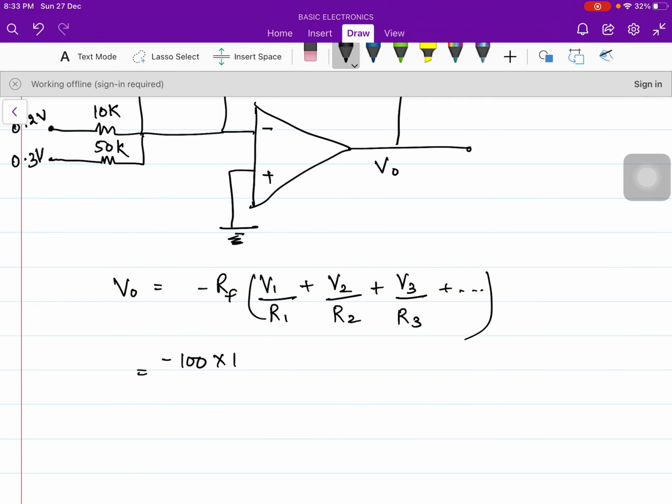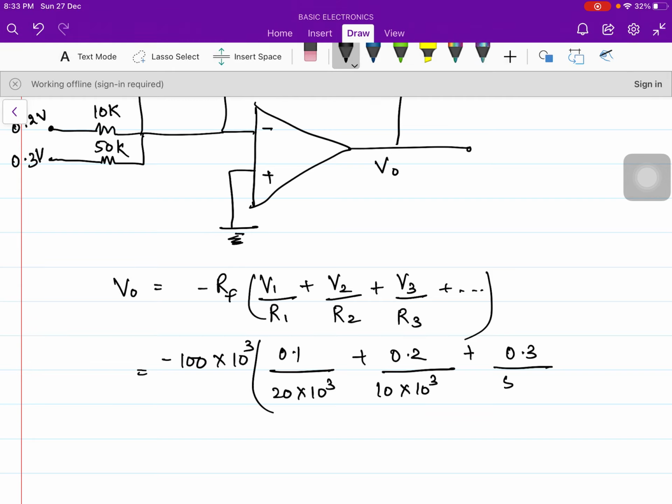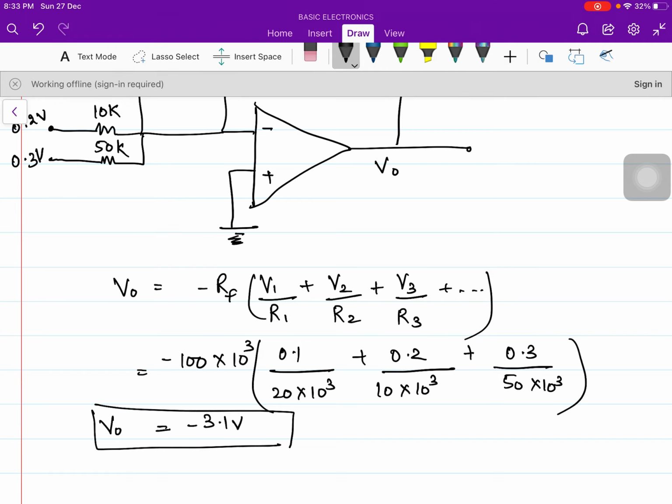So by putting all the values over here like this, just verify your answer. You must get the correct answer at once. You will get V0 as minus 3.1 volt. So this is how we calculate the output voltage, which is very simple to calculate.